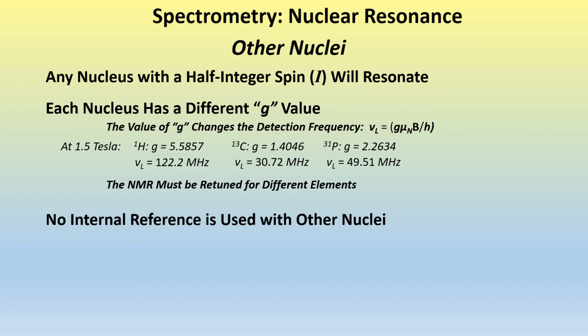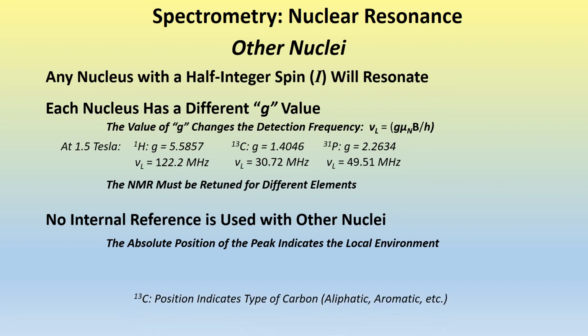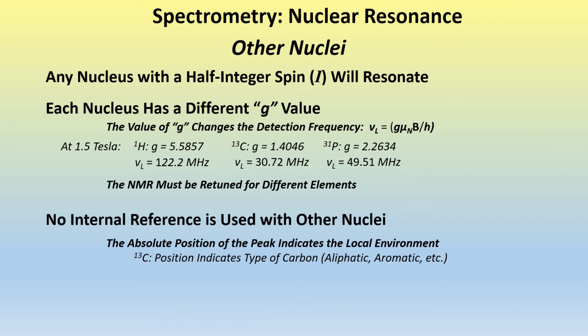For other nuclei, the absolute position of the peak indicates the local environment. For example, for carbon-13, the next most common type of NMR, positions indicate the type of carbon one is looking at: aliphatic, aromatic, sp3, sp2, sp1 hybridized.